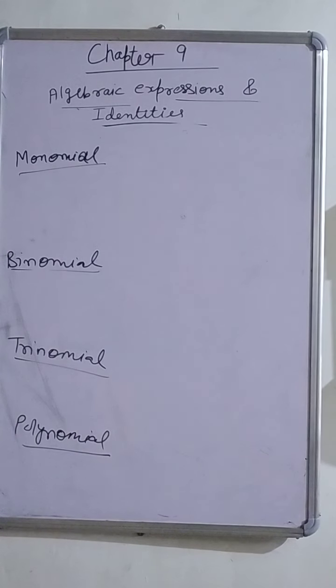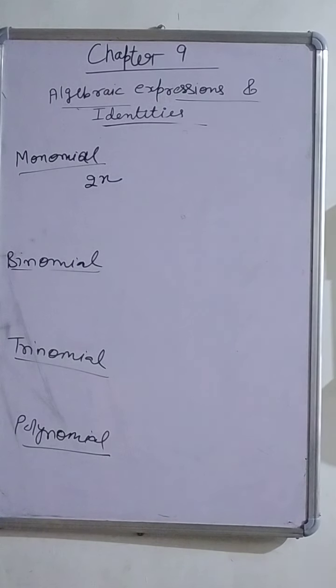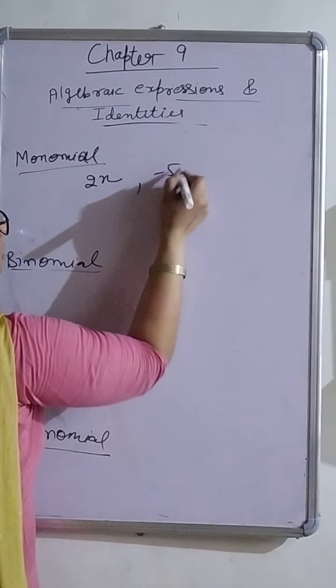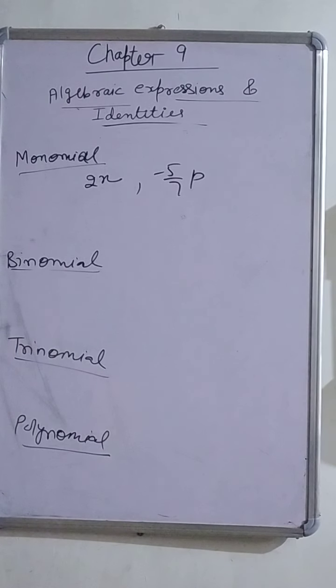Mono means one. So an expression with one term is called monomial. 2x, only one term, so this is a monomial. Minus 5 by 7p, there is only one term, so this is a monomial. The algebraic expression containing only one term is called monomial.